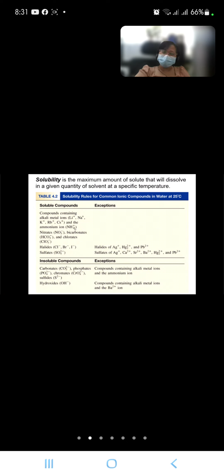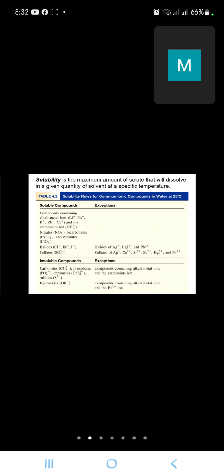What do you notice? If a compound is containing these alkali metals, unsa may tawag nato ana nga compound? If a compound is containing a metal, unsa may tawag nato ana nga compound? Ionic compound. Correct.